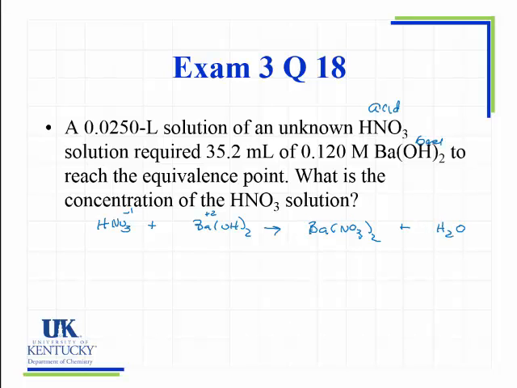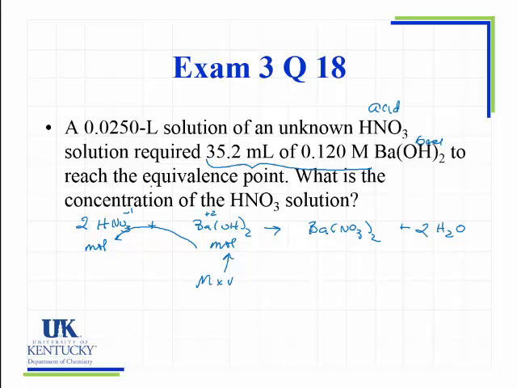Now to balance it, we need 2 nitrates, and then we'll need 2 waters. So you have to be able to write the reaction and balance the reaction. Then you look for the given. What do we know that'll get us into moles? If we know molarity and volume, we can get to moles. And once we know moles of this, we can use a balanced equation to get to moles of this.